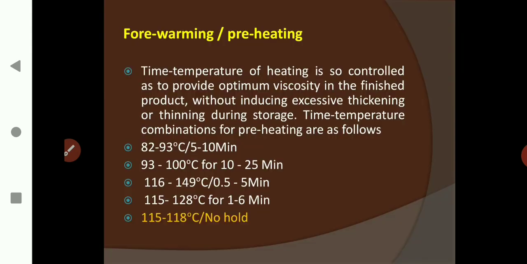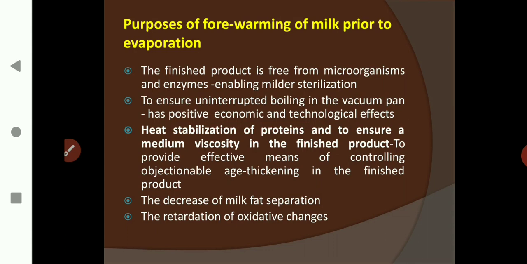Now the next step is forewarming or preheating. So you know the purpose, and milk is forewarmed to 115 to 118 degrees Celsius with no hold. You know the purpose.